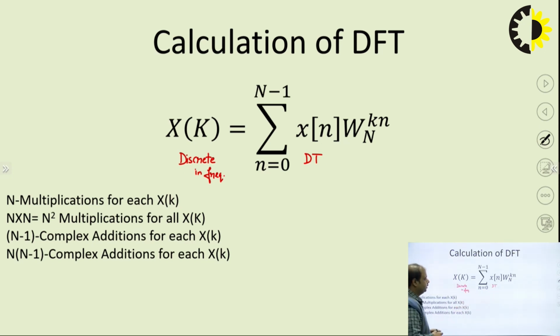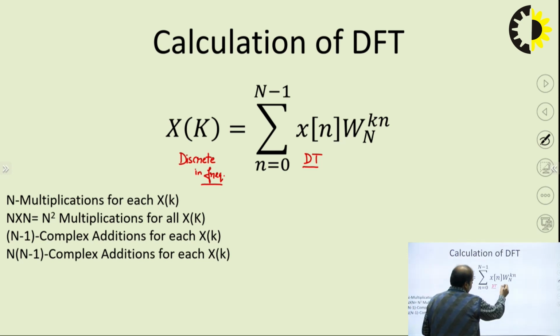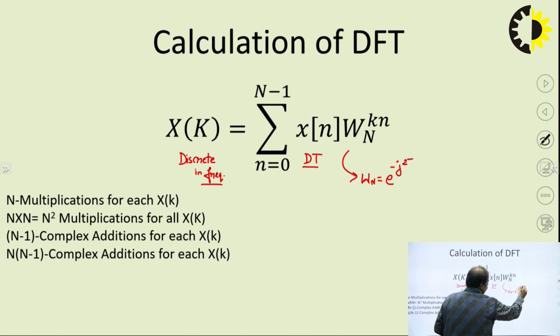The representation of discrete time signals in discrete frequency representation is what is called the discrete Fourier transform, and by definition the Twiddle factor Wn is defined as e raised to the power minus j 2 pi by n.